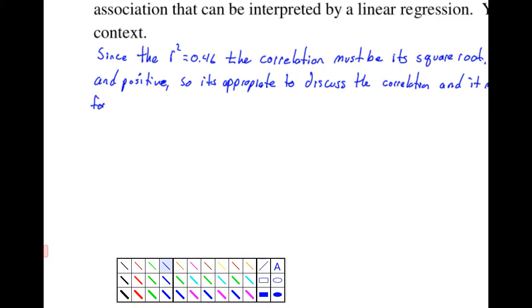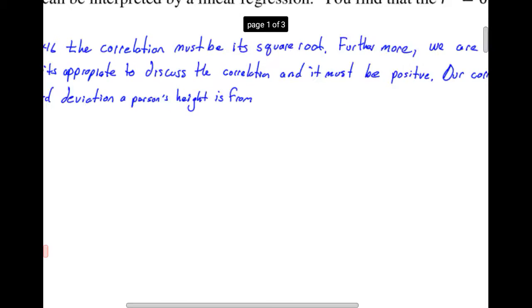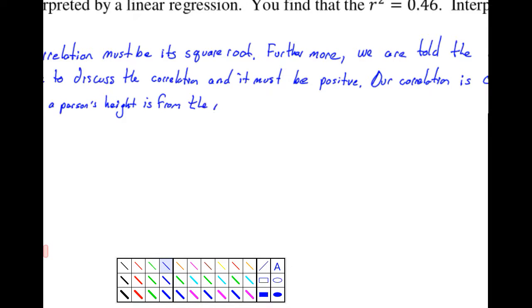For every one standard deviation a person's height is from the mean, because that is our explanatory variable, we would expect their weight to be 0.687 standard deviations from the mean weight.